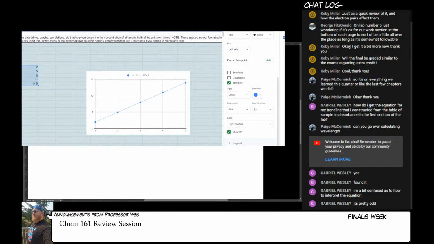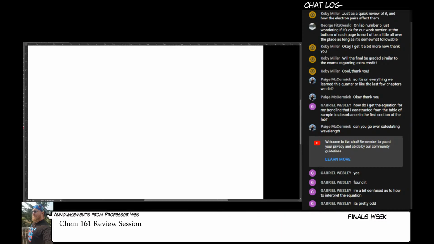Now, how do you interpret the equation? So let me get rid of this. If your equation on the graph is plotting absorbance versus concentration, and the concentration is in percent ethanol, and this is your graph, then remember that the equation for Beer's law is A = εLC, and that L is just the path length.